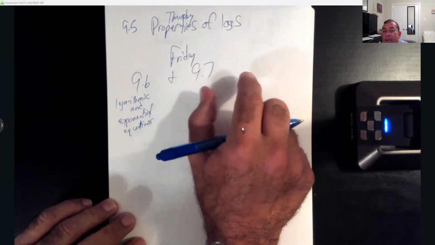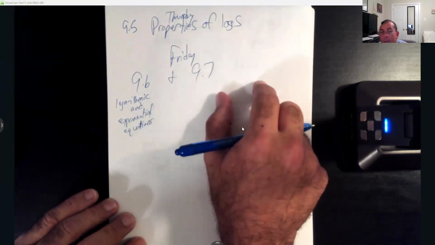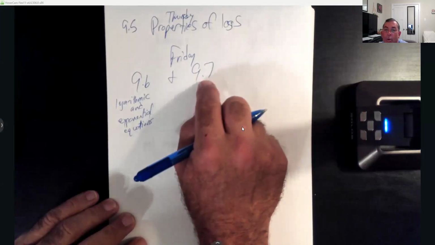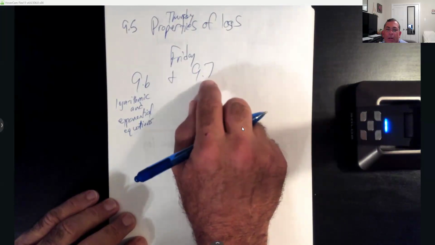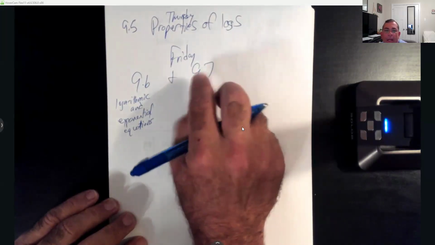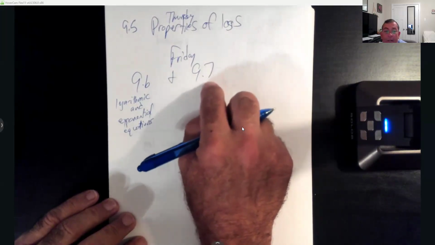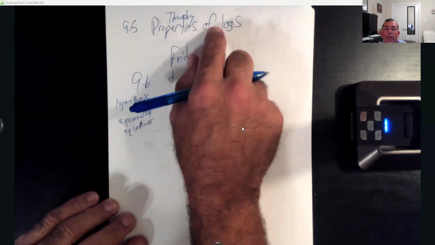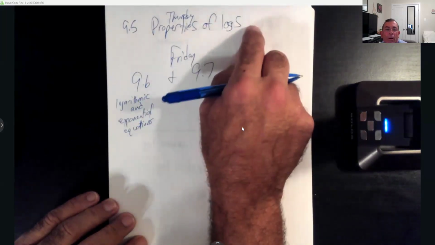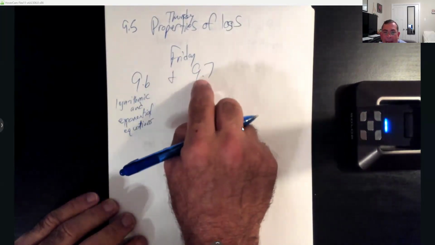But instead of having like semi-annual compounding and quarterly compounding, these deal with continuous compounding. So this section is pretty quick. It only has like, I think, 5 questions or so. So tomorrow, properties and logs, and we'll do some support. And then Friday, 9.6, and then 9.7.